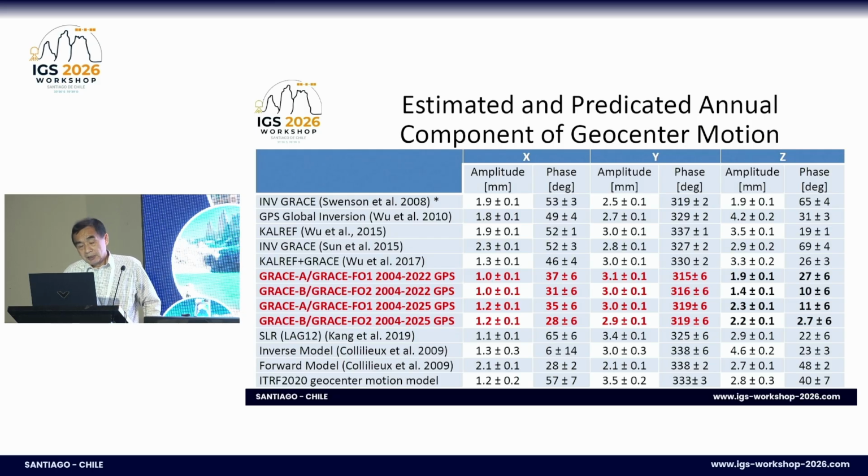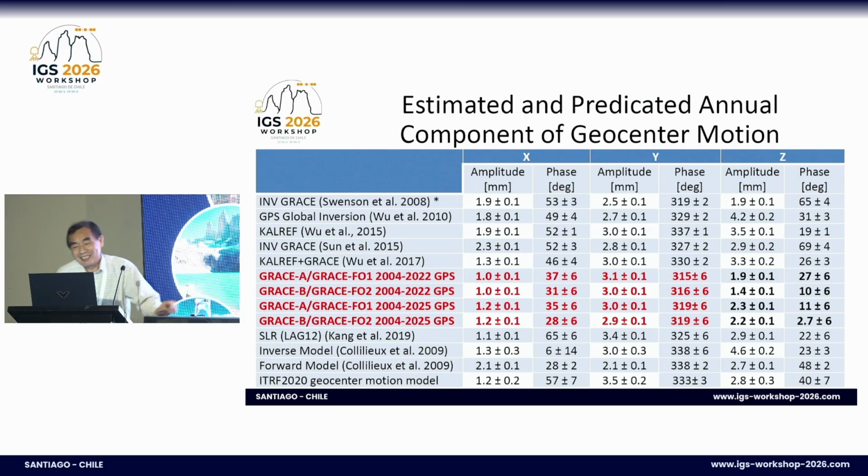For X, our solution is very close to the so-called ITRF2020 geocenter motion model. For the Y direction, most solutions are very close. The big difference is in the Z direction. You already know that the Z direction is not so good.